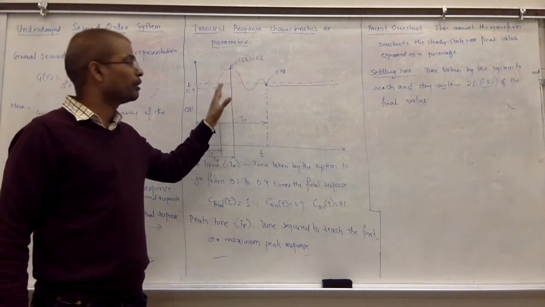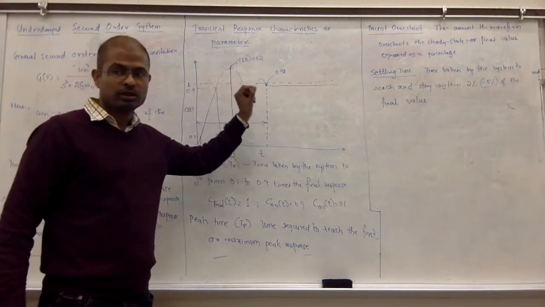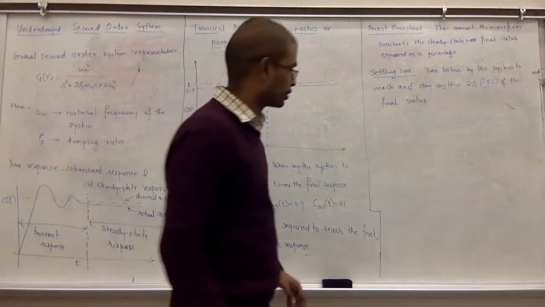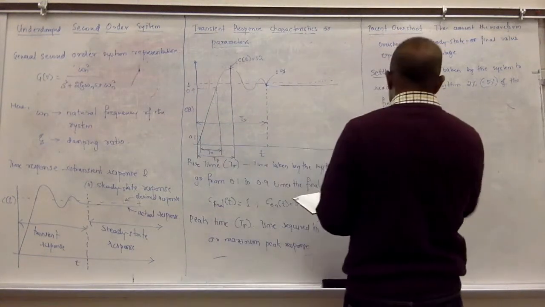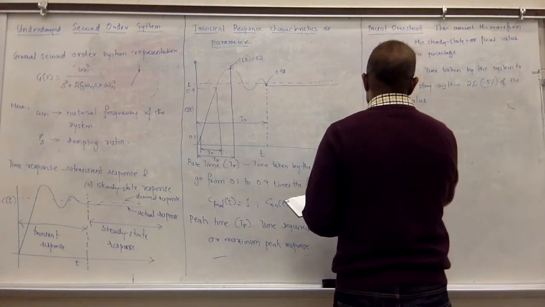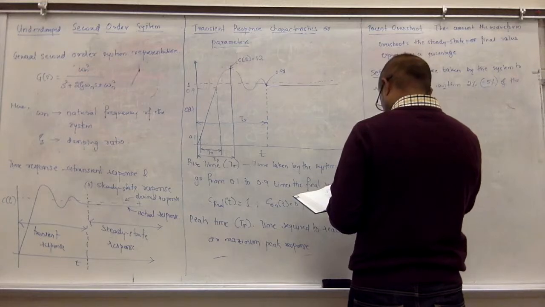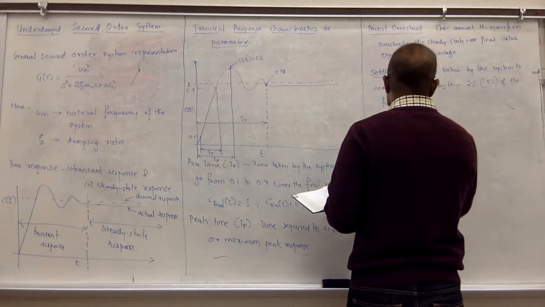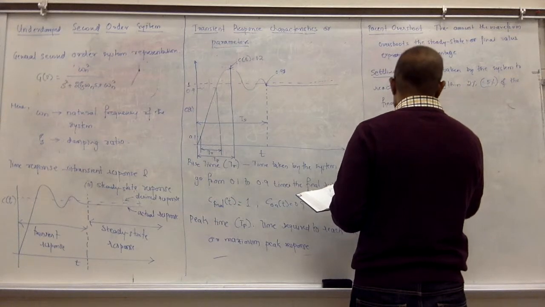So you have to be able to plot this and then mark all the different parameters. Only 4 parameters are there. So TP is simply pi over omega n into root of 1 minus theta square.